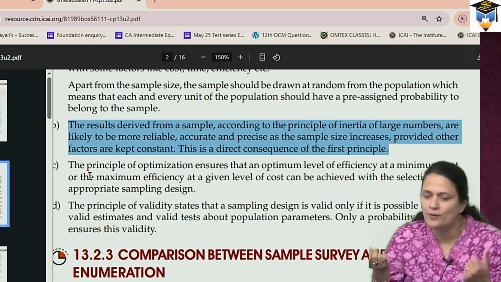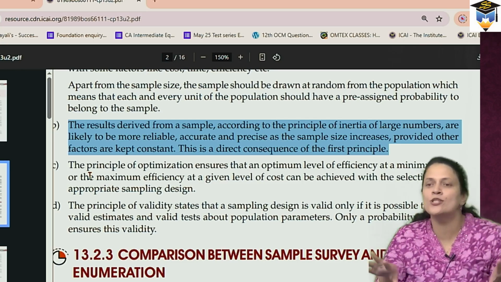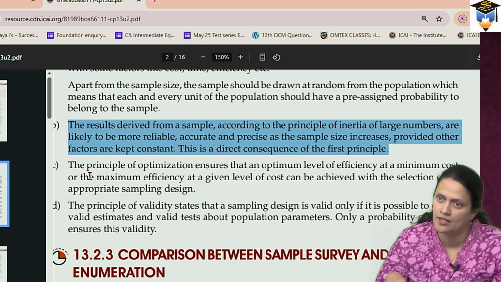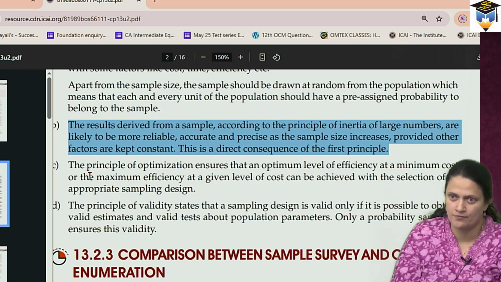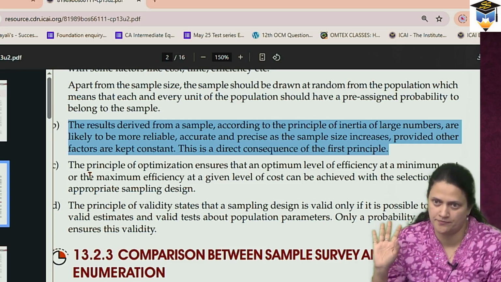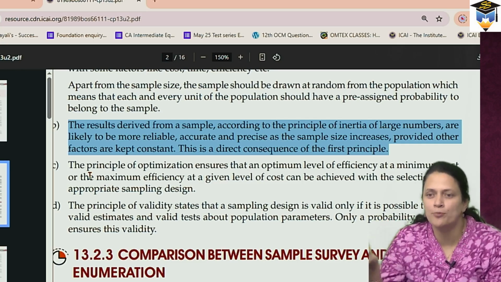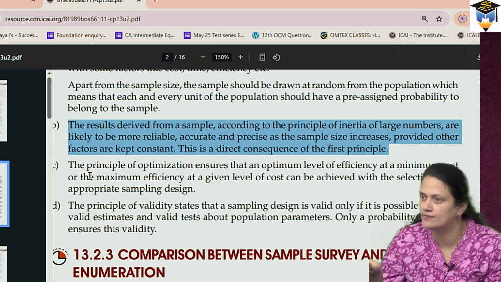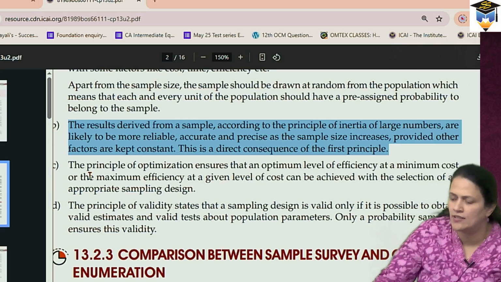So the principle of validity determines whether whatever results you have found out are valid. They will be valid based on your sample size, based on the correct analysis of that particular sample and so on. So validity is very important. Otherwise, what's the point in doing the sampling? Okay, have you understood these parts? Any doubt? Let us go to the next.